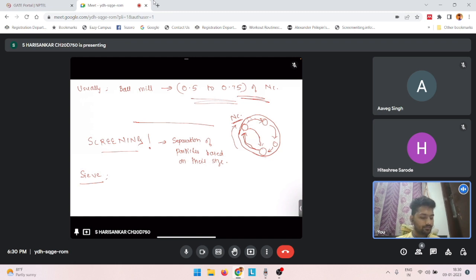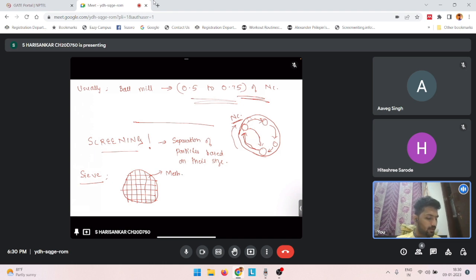So what a sieve is, it's basically a plate that has a lot of interlinked wires. This plate is called a sieve, and this arrangement is called a mesh because it's arranged in a cross pattern.